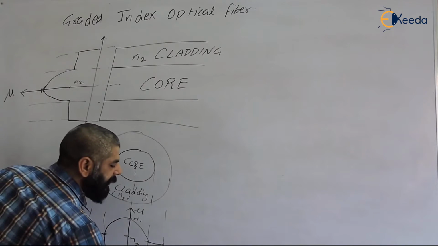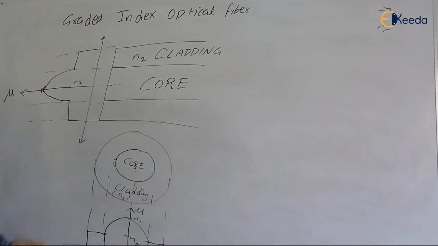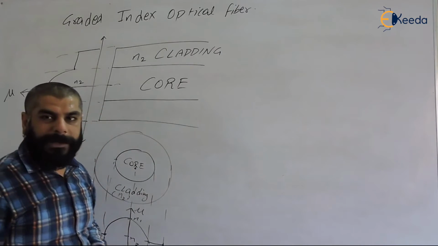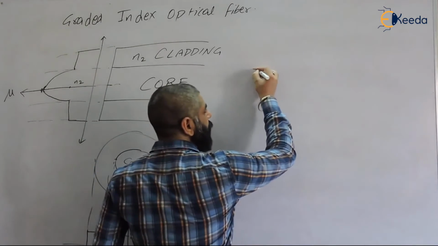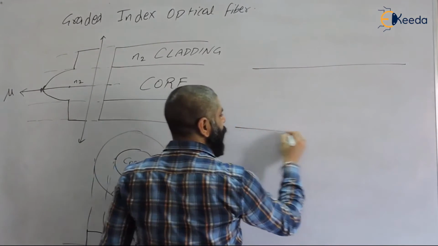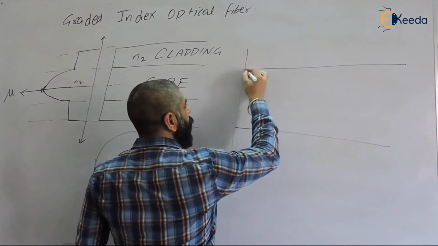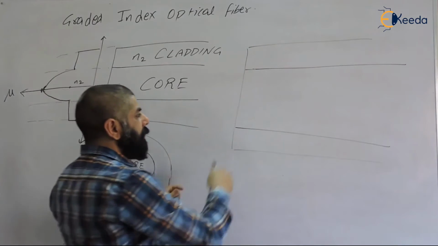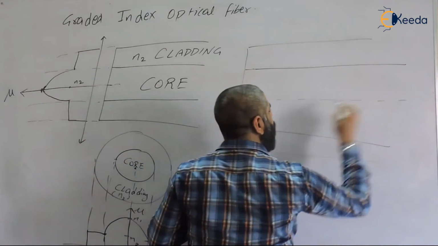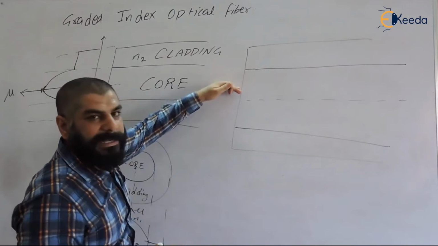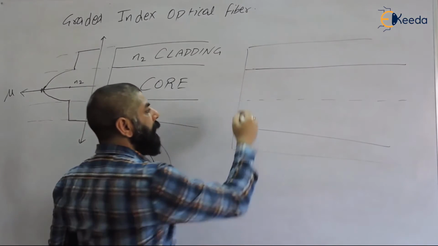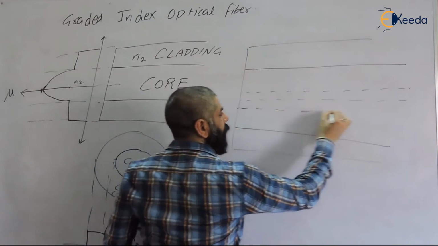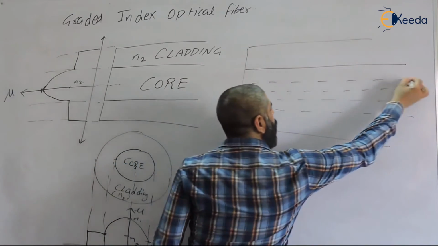So what is the advantage? This is the radial distance. What is the advantage of designing the graded index optical fiber? See, this is the optical fiber. Now, when the signal is traveling, at a certain distance away from the axis or the center there will be a different value of refractive index, and further away there will be another different value.